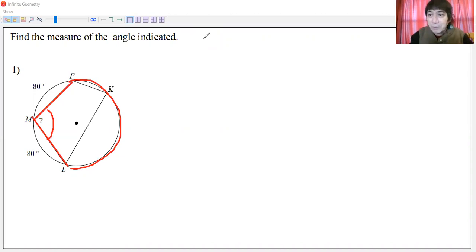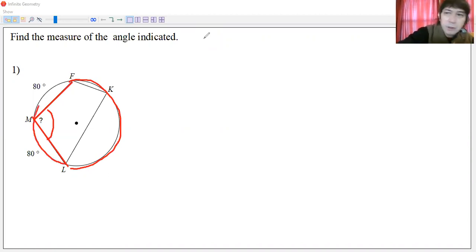That measurement shall be divided by 2, and that will be the measure of the angle with a question mark. Because it's 1/2 of the subtended arc, it will be the measure of the inscribed angle at M, or FML.